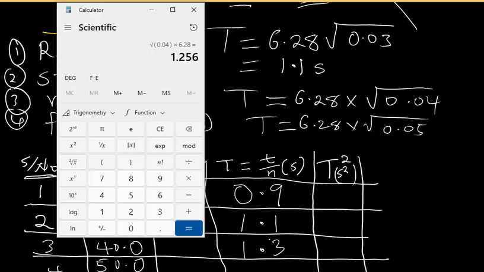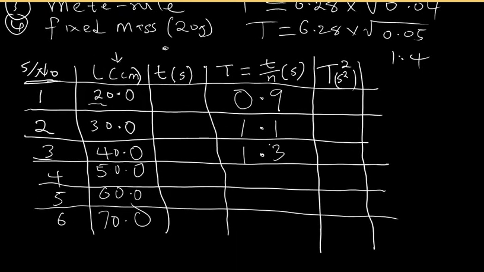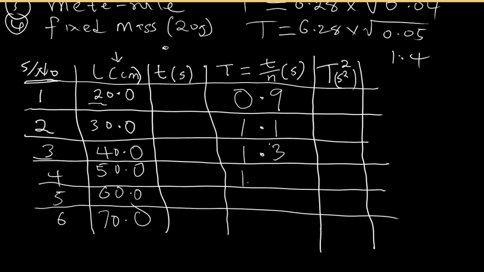Let's do that. 0.05 square root, then multiply by 6.28. 1.4 approximately. Let's put that down.